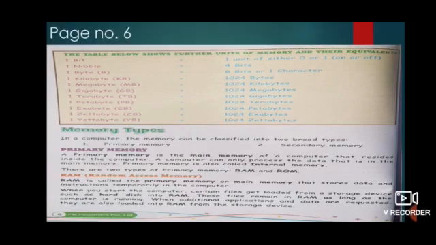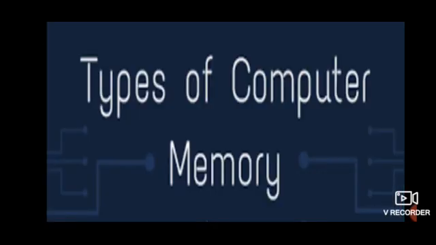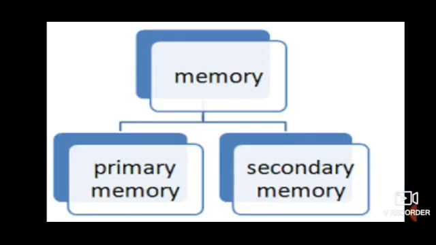Memory types, or types of computer memory. Now, children, in a computer, the memory can be classified into two broad types, that is primary memory and secondary memory.